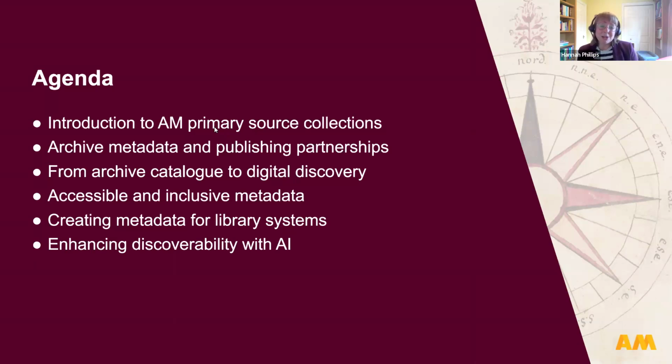Then Gail's going to kick us off by talking about how we go from the archive catalogue to digital discovery, as well as looking at accessible and inclusive metadata. Then we're going to hand over to Jen, who's going to talk about creating metadata specifically for library systems from the primary sources that we work with. And then I'm going to round off by talking about some interesting pilots that we've been doing to enhance discoverability through AI-driven processes.